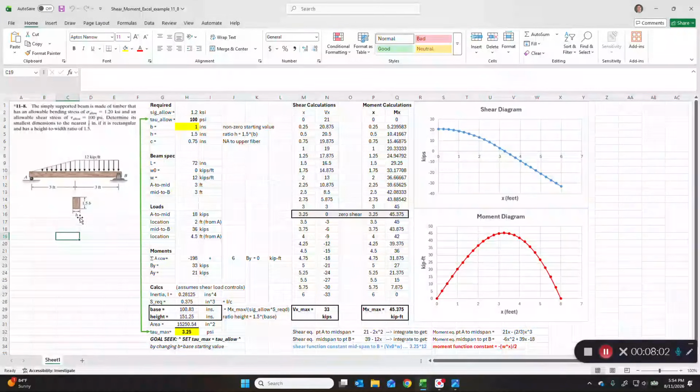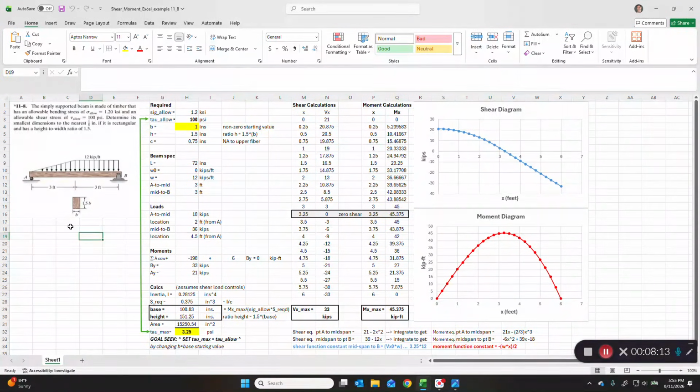So this beam is B by 1.5 B. So the width is B, or the thickness, and the depth or the height is 1.5 B. So we've got two unknowns here based on some function of B. And then we have a triangular increasing load up to the 3-foot distance from A, and then we have 12 kips per foot as a uniform rectangular load from the point where our triangle load reaches its apex to B.